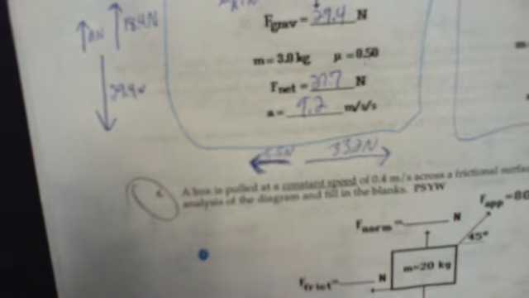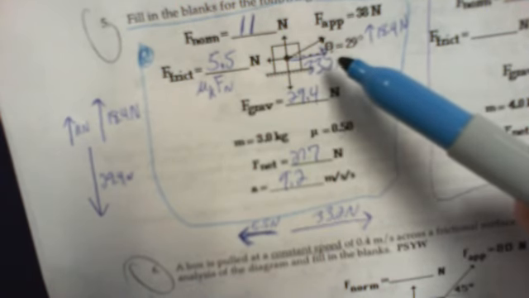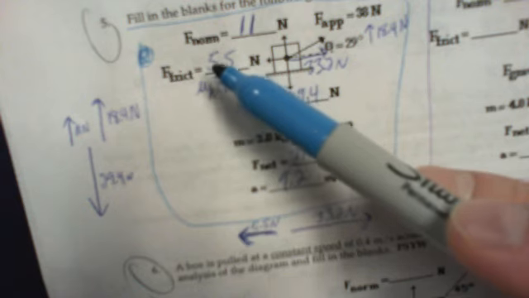The net force is going to be found by taking the friction in that direction to the left. That's going to be the vector sum of friction to the left and the horizontal component of the applied force to the right. But we don't know what this is yet. So we have to figure out what this is first, and then figure out what the net force is, and figure out what the acceleration is.